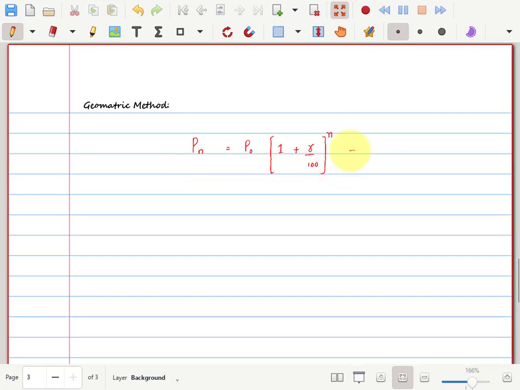This is our mathematical expression to find out the population in the given year using the geometric method.